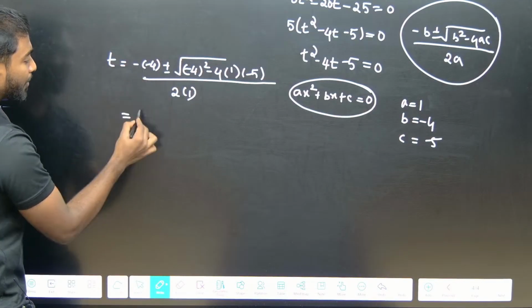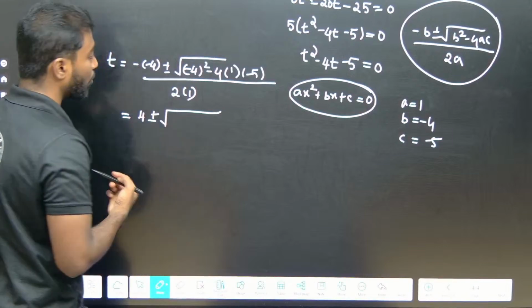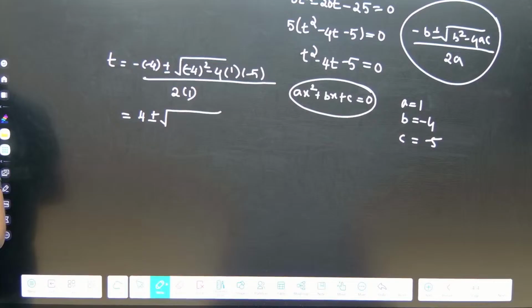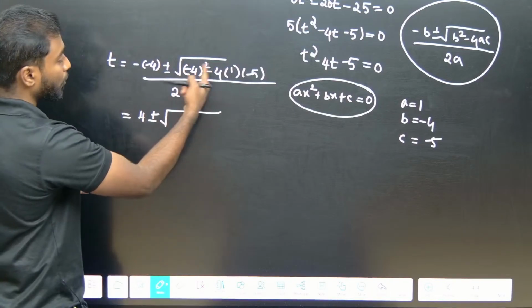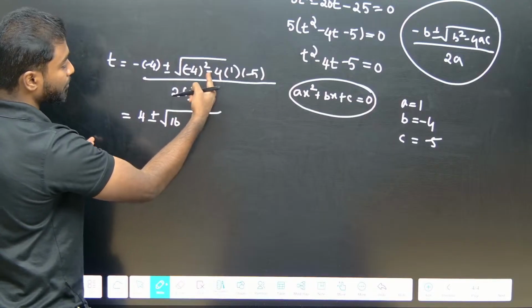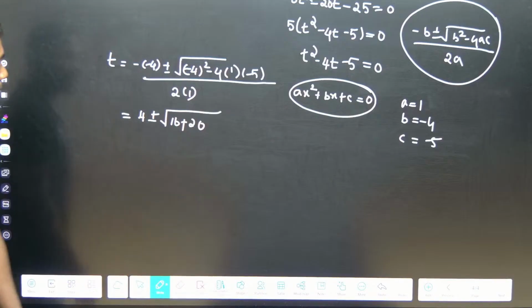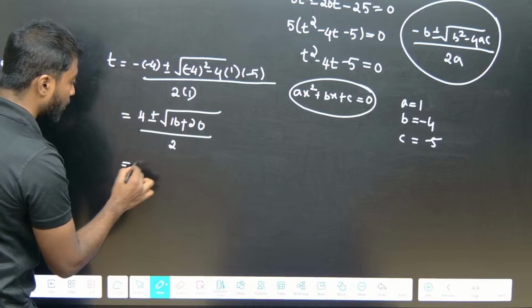So minus of minus is plus 4, plus or minus root over 4 square is 16, and minus minus plus 4 into 5 is 20, divided by 2. So how much is it?